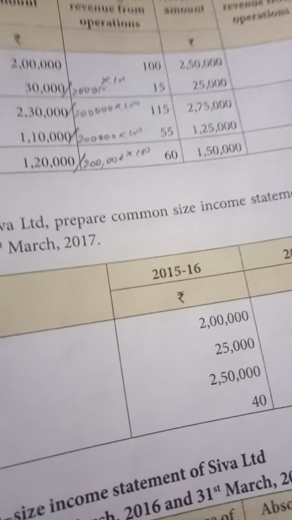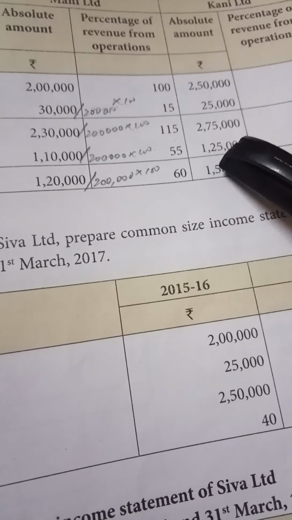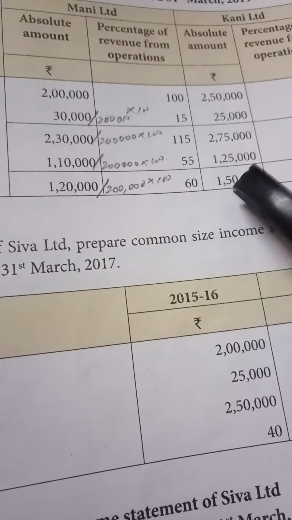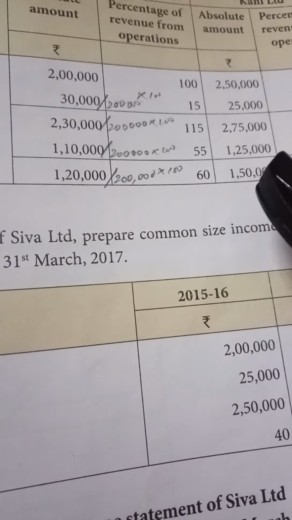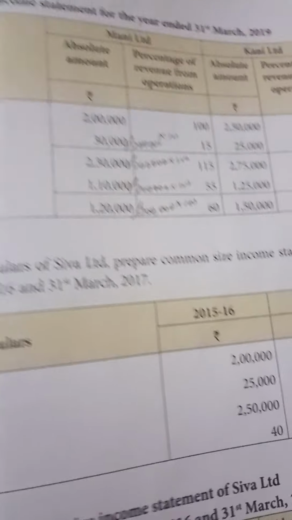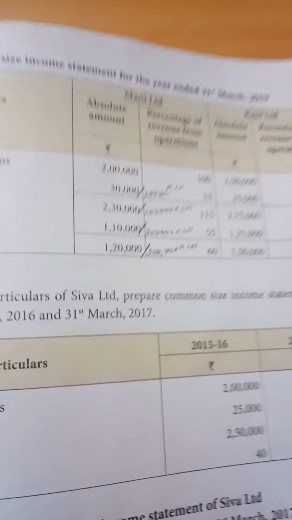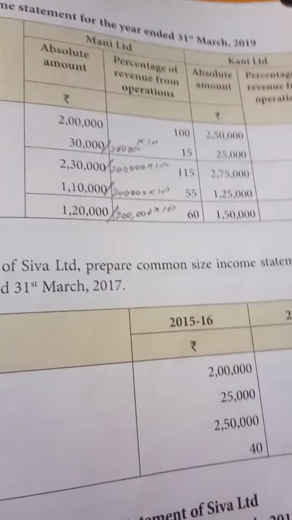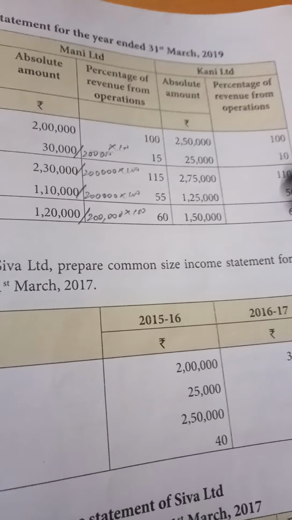Now 2,75,000 minus 1,25,000, you get rupees 1,50,000. Again, this is also profit. As I said earlier, if there is loss, we will not calculate the income tax. Don't forget that. Now these columns will be empty for now.